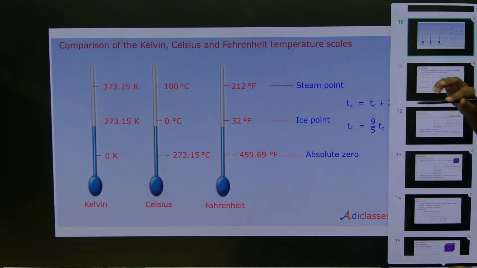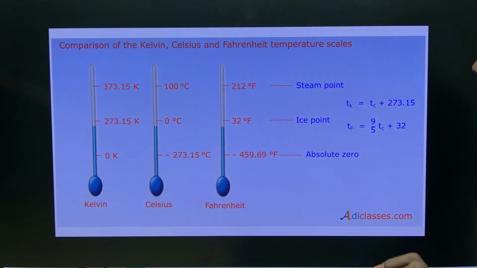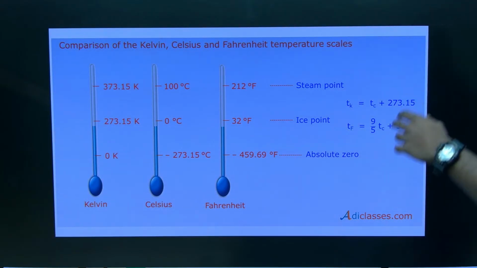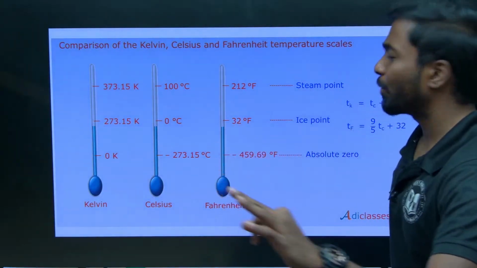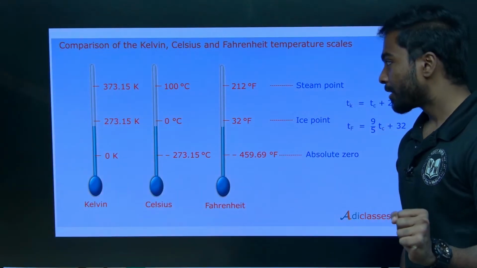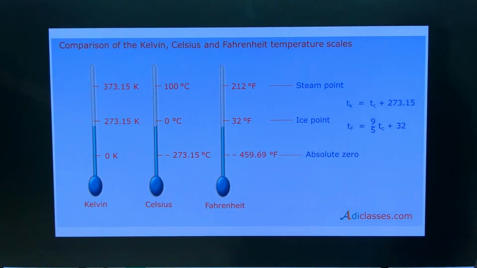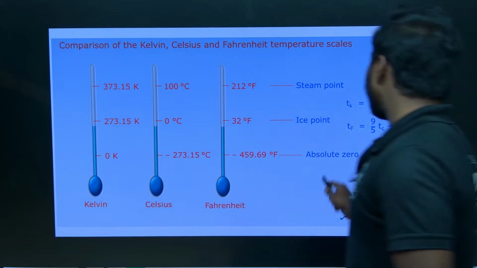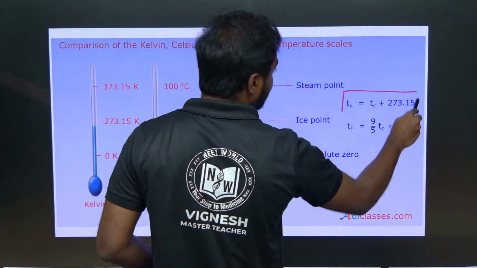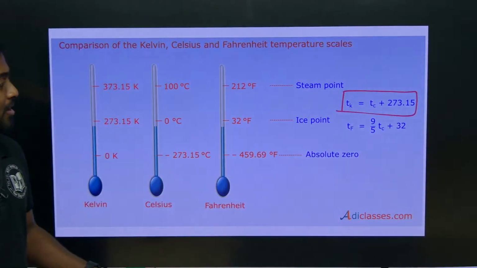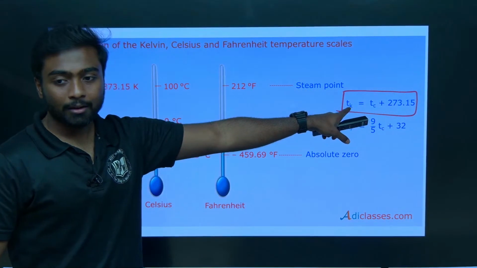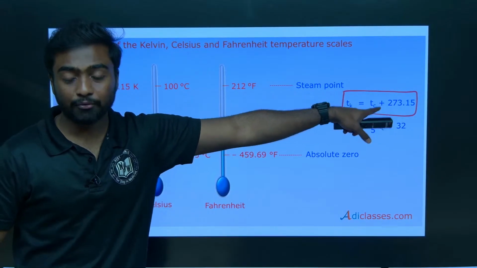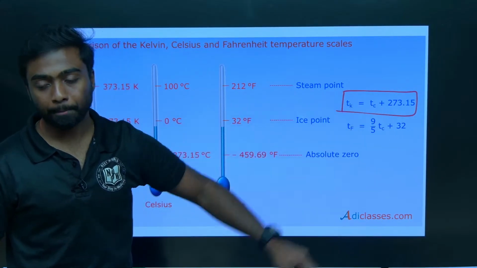So the comparison of the Kelvin, Celsius and Fahrenheit scales. In previous cases we talked about Celsius and Fahrenheit, and in this case we will include Kelvin also. The relation between Kelvin and Celsius is: temperature in Kelvin equals temperature in Celsius plus 273.15.